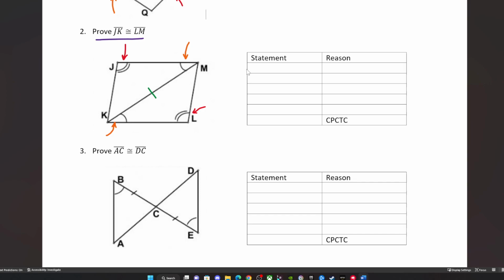So let's first list all of these things down. Let's begin with the red ones.